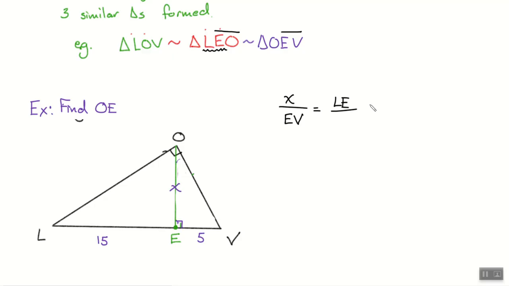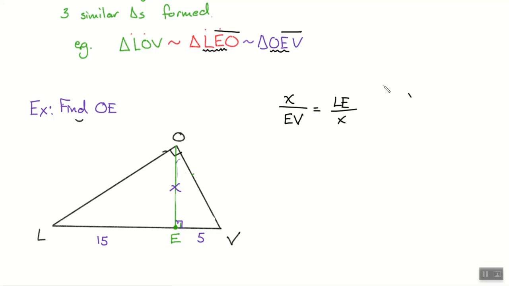The similarity statement will wind up being the answer to these. What lines up with LE on our other triangle? OE. I can get this from our similarity statement. If you would rather, like we did in this group, draw the picture out and arrange them, it's the same stuff, and we're going to get the exact same answers. LE matches up via our similarity statement with OE. And what do we call OE on our picture?